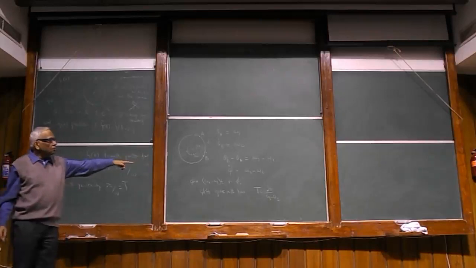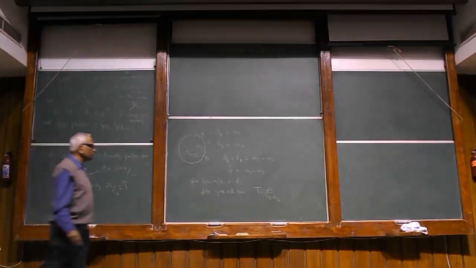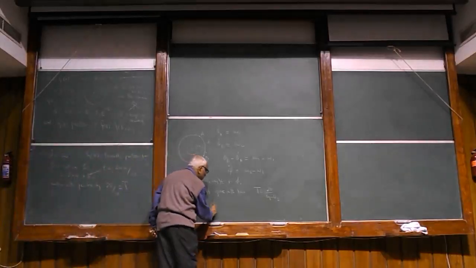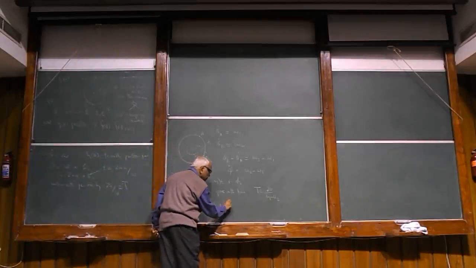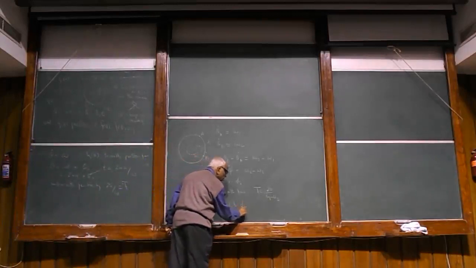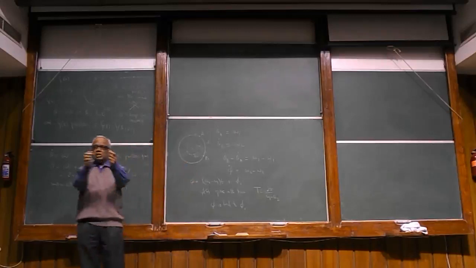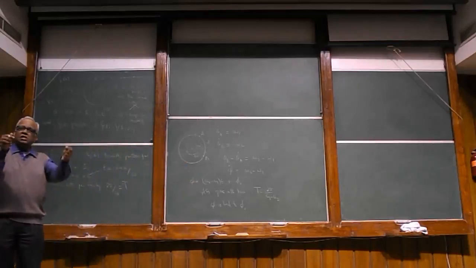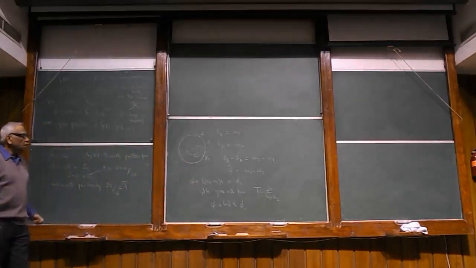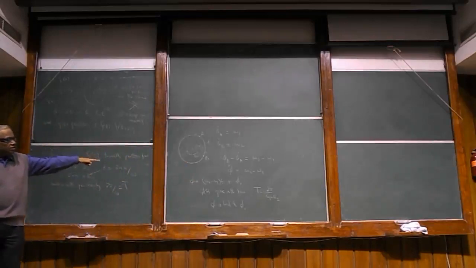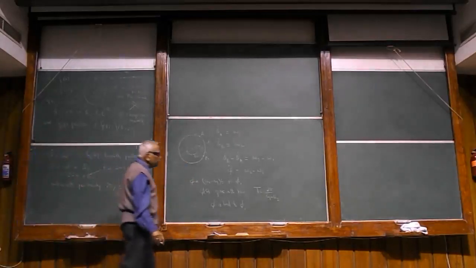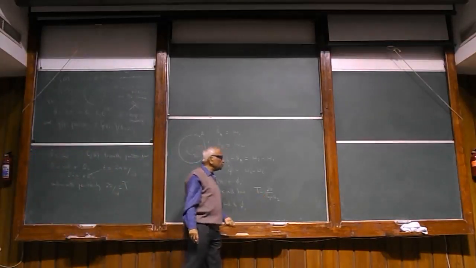So at 2 pi over omega 1 minus omega 2, phi is back to phi naught. So this initial difference changes and comes back to phi naught after a rather long period of 2 pi over omega 1 minus omega 2.